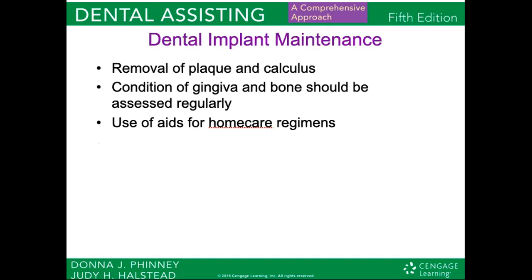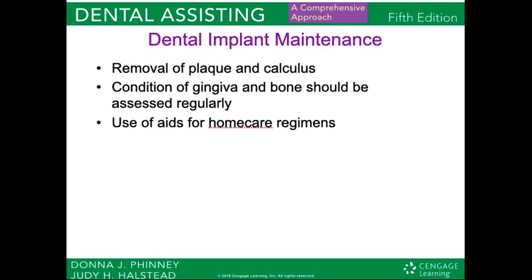With dental implant maintenance, just like any other teeth, we would have to remove the plaque and calculus on a regular basis. And then the condition of the gingiva or gum tissue and bone should be assessed regularly to make sure that there isn't any post-operative infection or anything like that going on.